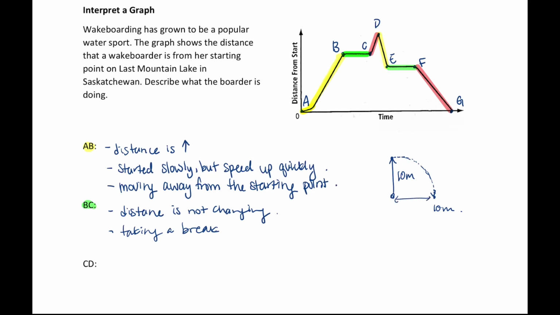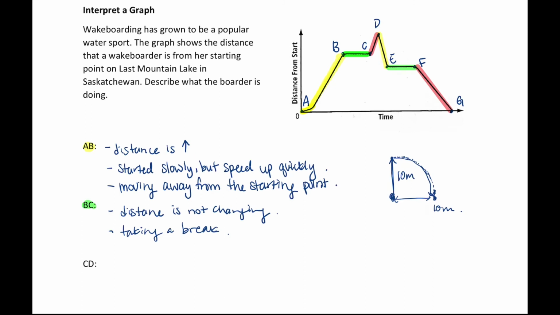Because from here to here is 10 meters. So our distance from the start doesn't change because this is where we started. Although I went from here to here and here to here, the graph doesn't show. So most likely she's just taking a break. So we'll say the distance is constant because she's taking a break.